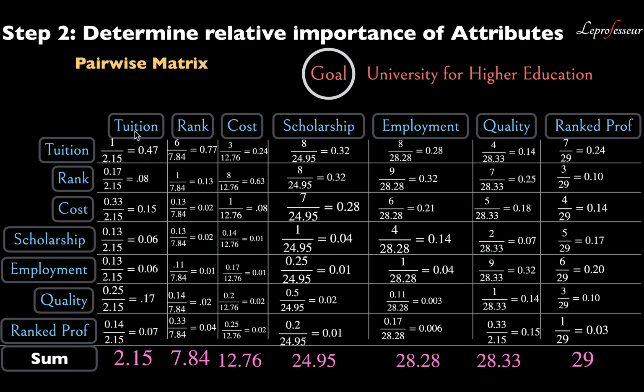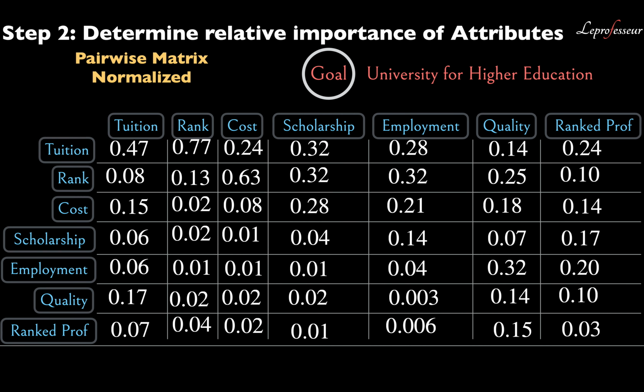So in column tuition, each entry is divided by the column sum. Similarly for rank and the other columns. Convert it to decimal, and we get the normalized matrix. Okay, good.